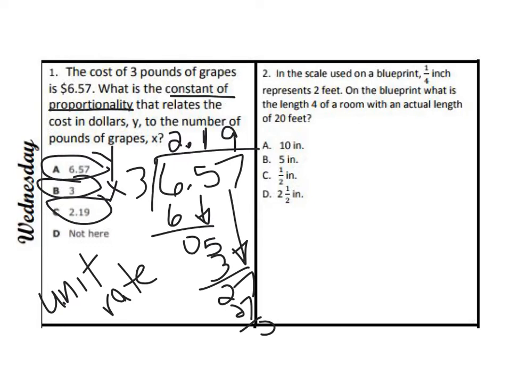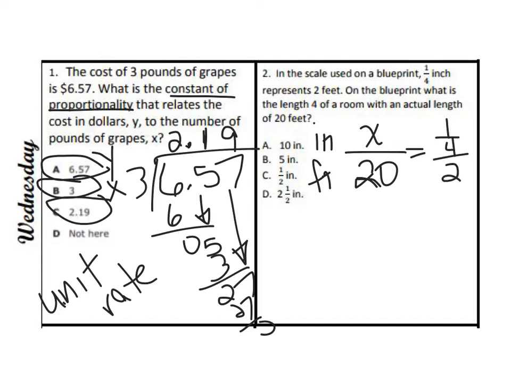Okay, so if they have 20 feet and you know that 1/4 of an inch equals 2 feet, then you would write inches and feet, and this is going to be X over 20, which is the same as 1/4 over 2.